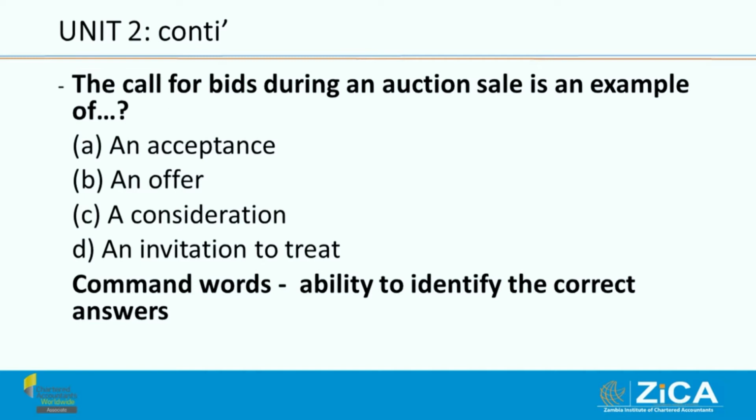The first that we identify as a common mistake is that there is a general failure by students to be able to distinguish between a contract of sale and a contract of hire purchase, or perhaps a hire purchase agreement. There is a general failure on the part of the students or the learners to be able to distinguish between a contract of sale and a contract of hire purchase or a hire purchase agreement.